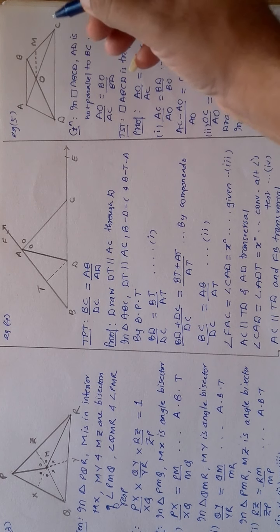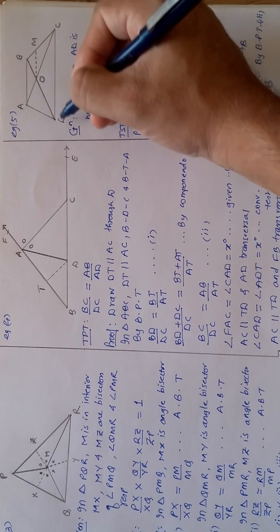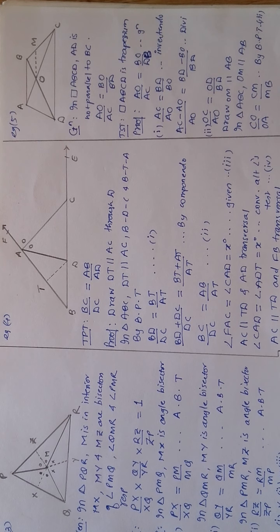Now this CM is to MB, and this particular triangle I will see, that is, in triangle BDC. See here, CO is to OA already is there, right? CO is to OA is equal to CM is to BM. Now obviously this will also be equal to OD is to BD.